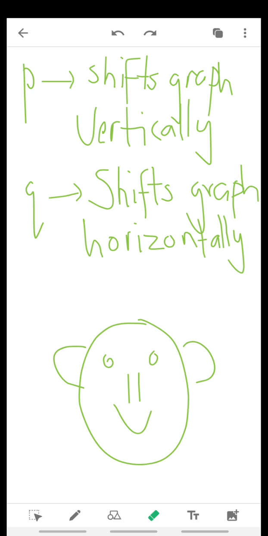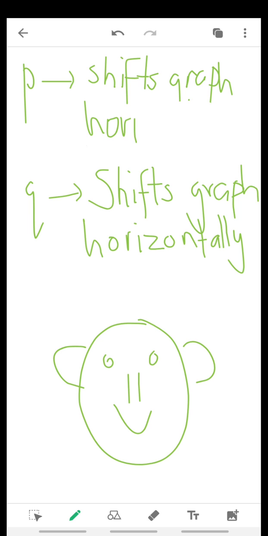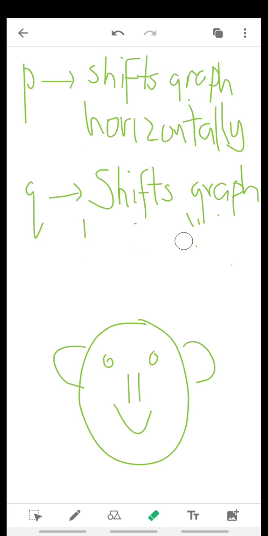P will be responsible for the shifting of the graph horizontally, not vertically, because we are talking about the x values. And then q will be responsible for the shifting of the graph vertically.